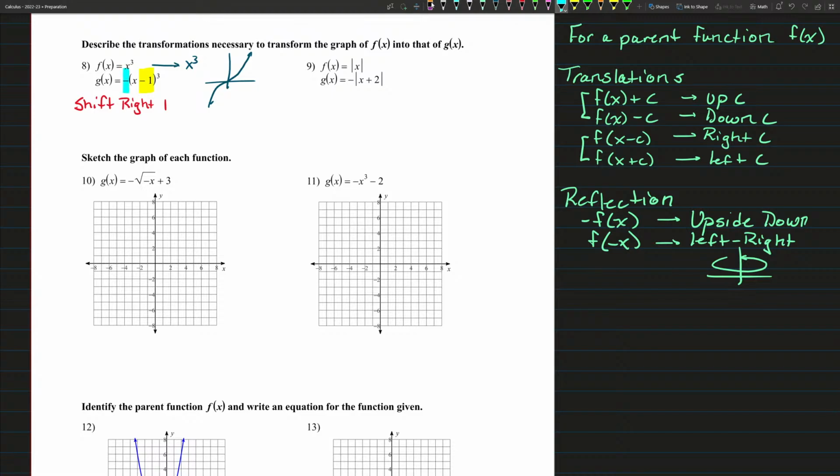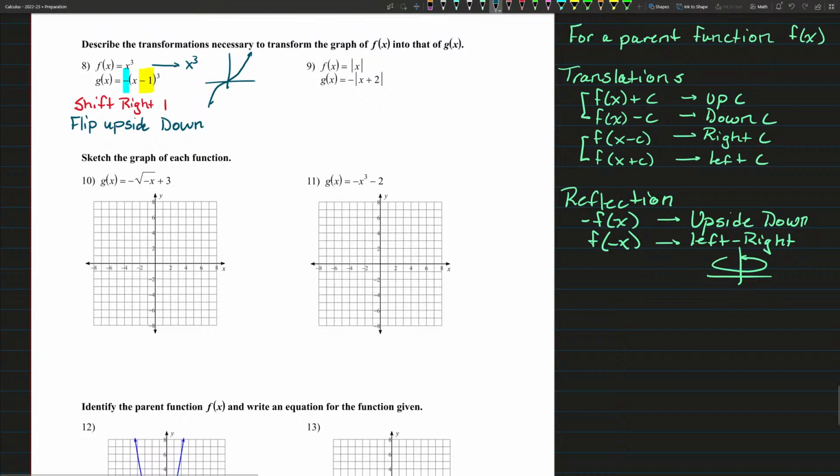The negative on the outside means we're flipping it upside down. And that's what I'm expecting. You're just describing what is happening to the parent function with those transformations.